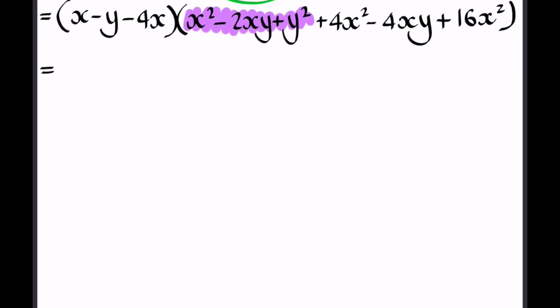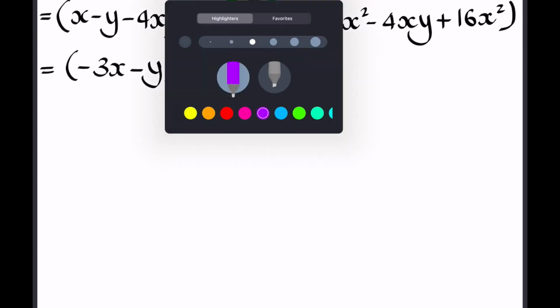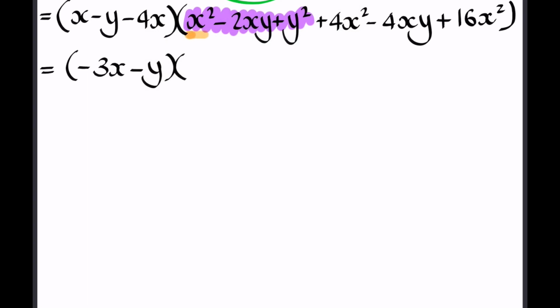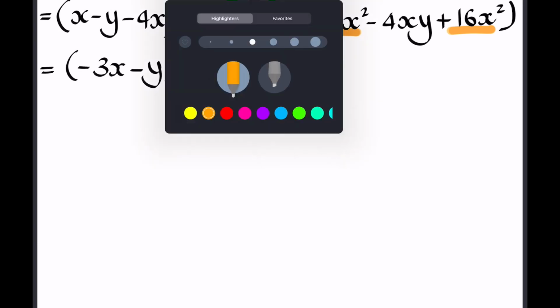Now I'm going to look for like terms. So in my first bracket, I have x minus 4x, which is negative 3x, minus y, into, in the next bracket, x squared plus 4x squared plus 16x squared. x squared plus 4x squared is 5x squared, plus 16x squared, which is 21x squared.